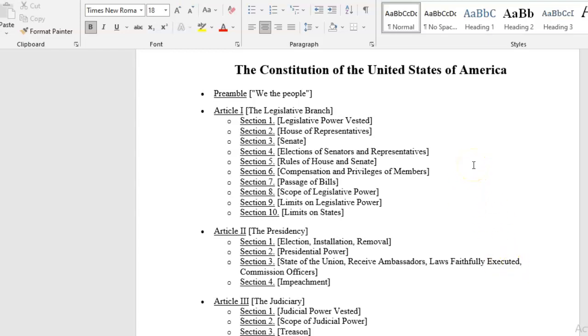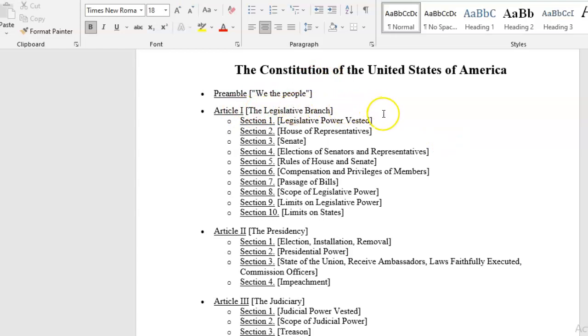And the Constitution begins with the preamble. Everybody's heard "we the people" in order to form a more perfect union. That's our preamble. And then you have Article 1, which has 10 sections. What Article 1 lays out is the legislative branch.